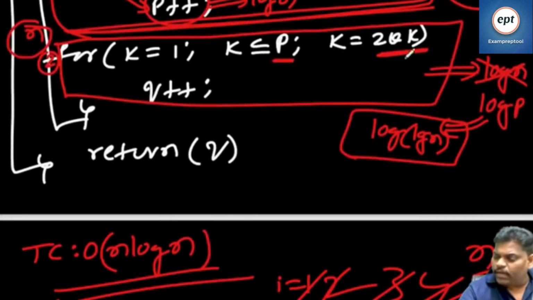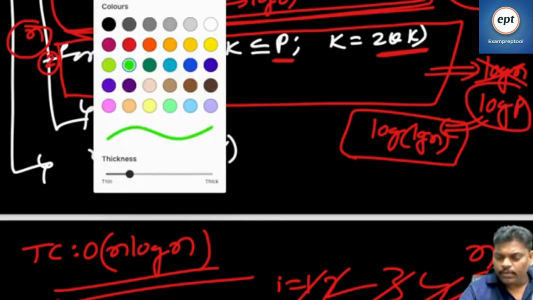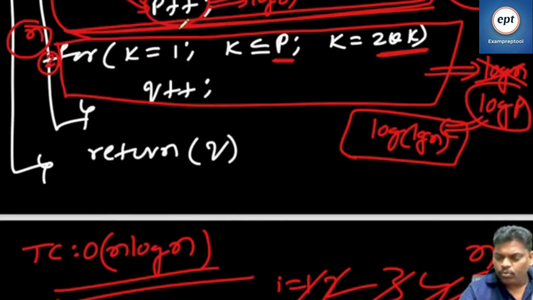The third loop is always into 2 log p. This is the only mistake people can make. The third loop is log p. What is p? The p executed log n times, so the p value is log n. So the third loop is log n.